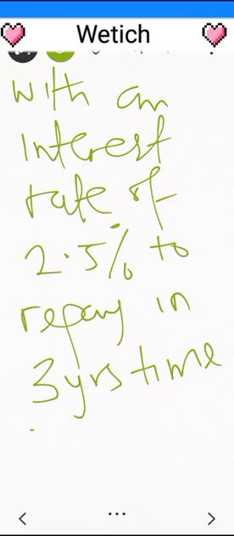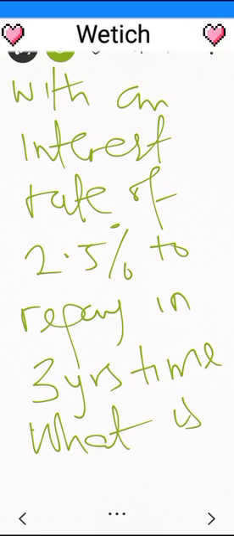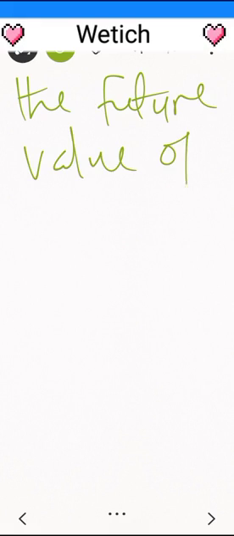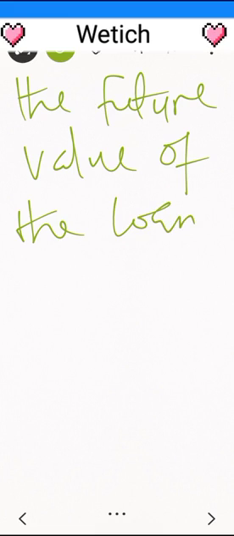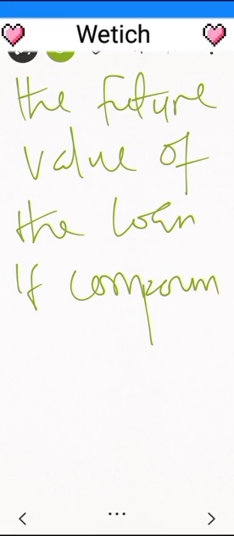Now the question is, what is the future value of the loan if compounded semi-annually?